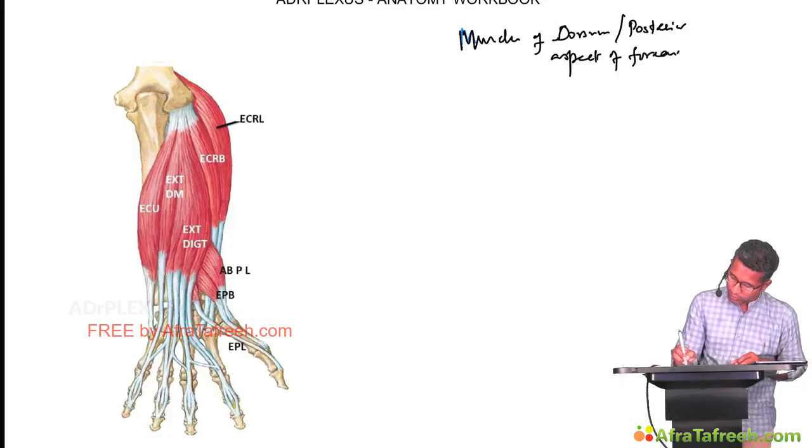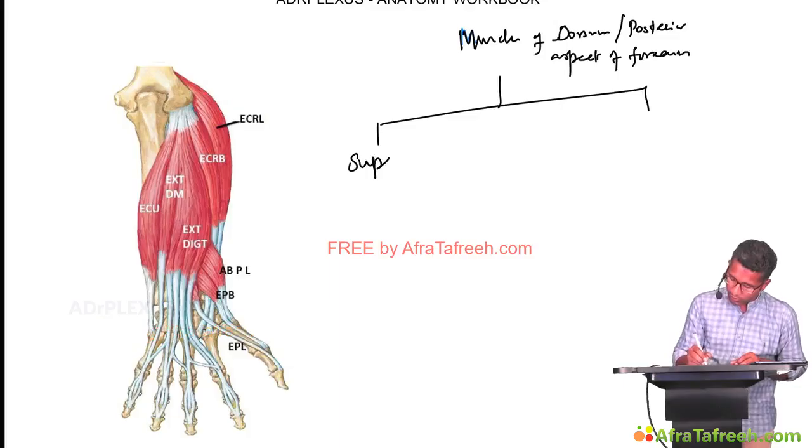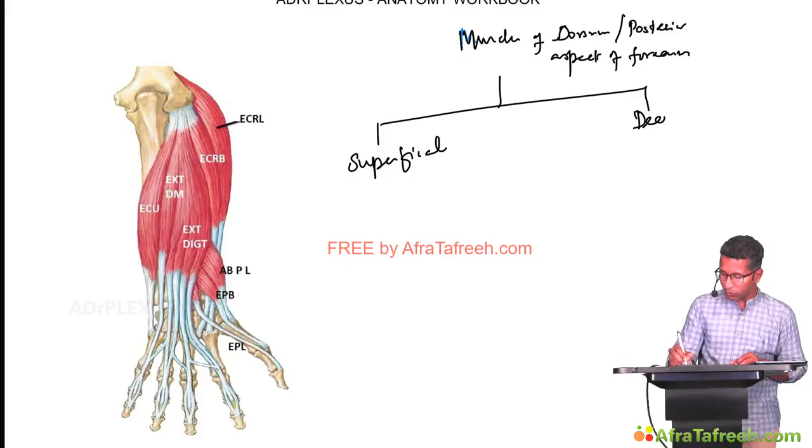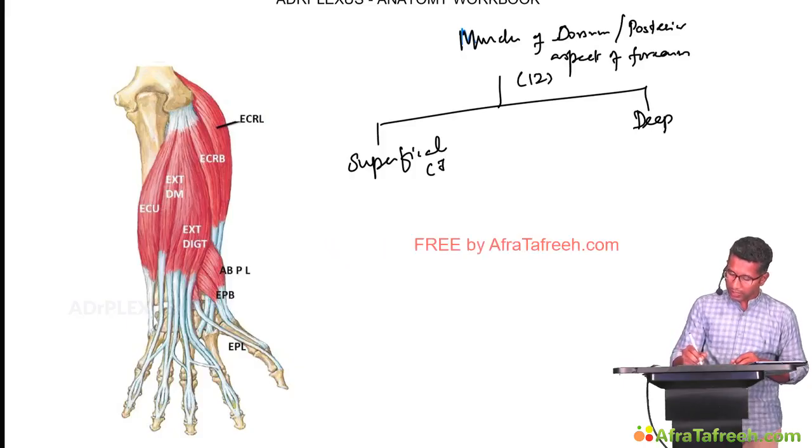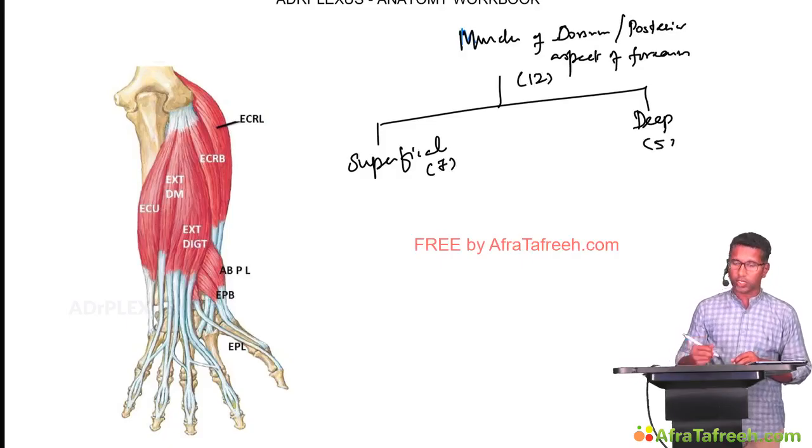The muscles of the posterior aspect of the forearm are divided into two: one is called the superficial group, another one is called the deep group. There are totally 12 muscles in this region. The superficial group has 7 muscles, and the remaining 5 muscles are in the deep group.